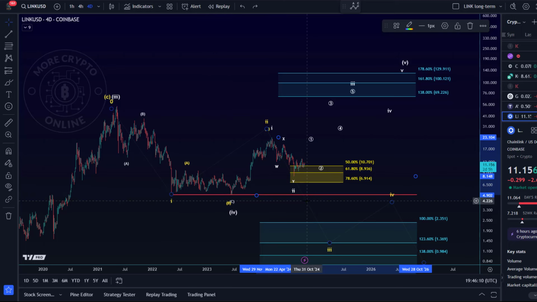It's all about position size management, and at some point you have to stop out, but only you can decide where that is. From an Elliott wave perspective, the invalidation point at the latest would be the low of June last year, around $4.95.